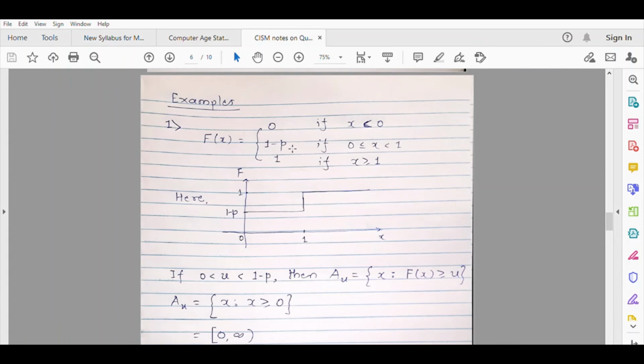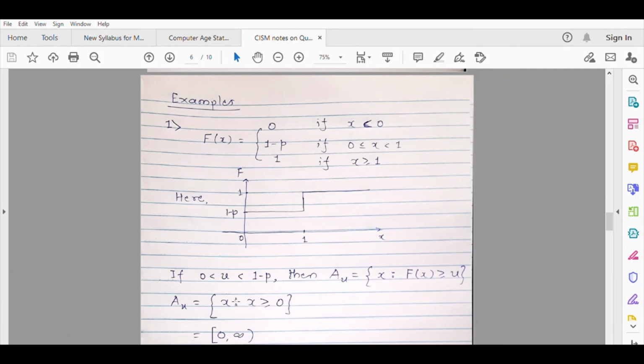So we are looking for all x such that f(x) is greater than or equal to 1 minus p. So it means I should not consider these values of x. I should consider only these values. So x is between 0 to 1, starting from 0, and x is greater than or equal to 1. So clearly this set means the collection of all x such that x is greater than or equal to 0.